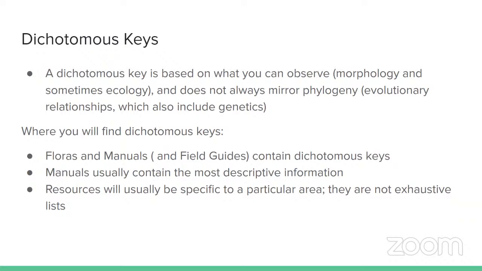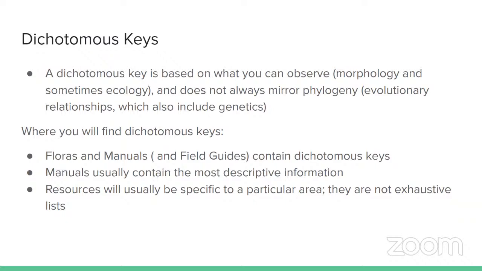You're not going to be able to sequence a genome out in the woods behind the school. So a dichotomous key has to be based on something you can observe, which may or may not mirror the phylogeny, which is the evolutionary relationship between the plants. So sometimes it can, that's great. But sometimes it doesn't, because we have more data other than just things we can observe with our eyes.